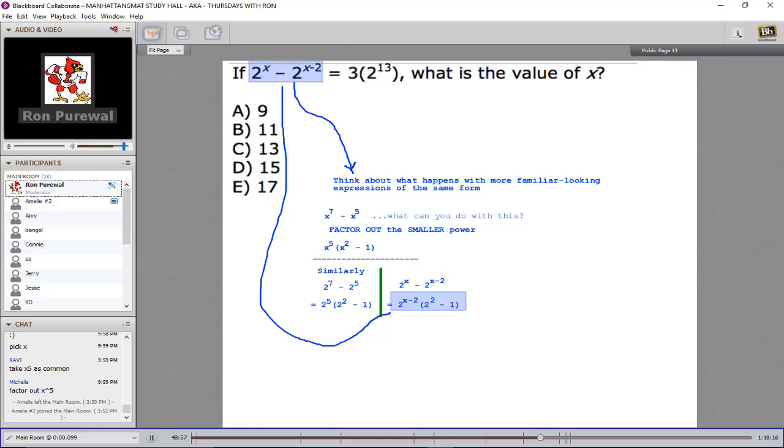And so that's 2 to the 2 minus 1, which is 3. So this is 2 to the x minus 2 times 3, equals 3 times 2 to the 13th.